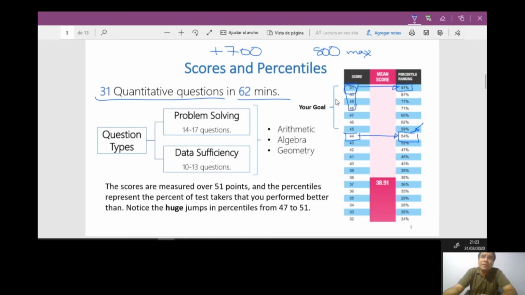But if you are not aiming so high, especially, for example, if you are interested in attending a school in Europe, or in Canada, they have score requirements that are less demanding.